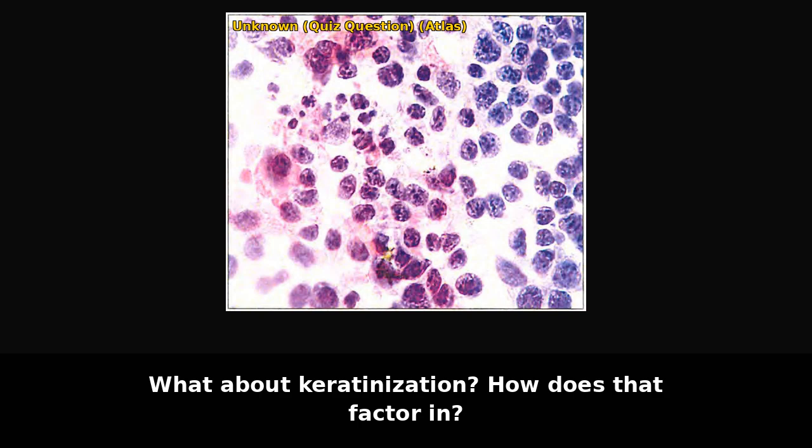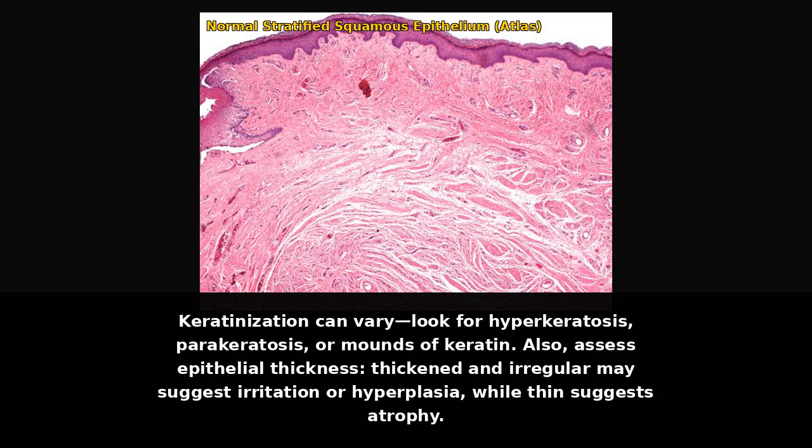How does that factor in? Keratinization can vary. Look for hyperkeratosis, parakeratosis, or mounds of keratin. Also assess epithelial thickness: thickened and irregular may suggest irritation or hyperplasia, while thin suggests atrophy.